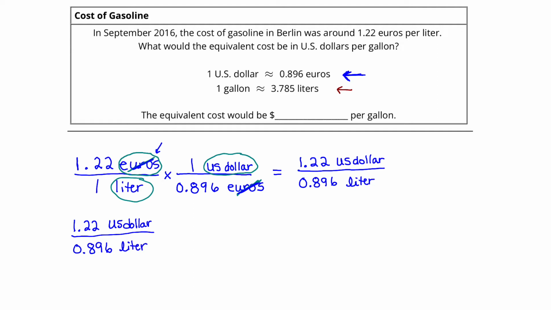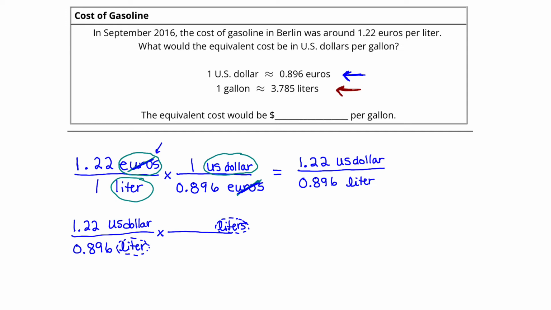So just as before, I want to look up top at the equivalency, and here I'm given that 1 gallon is approximately 3.785 liters, and I want to use that fact to create a unit rate. And when I write this unit rate down, I have to be sure to put the liters in the numerator so that the liters in the numerator will cancel with the liter in the denominator, right? We want those guys to cancel.